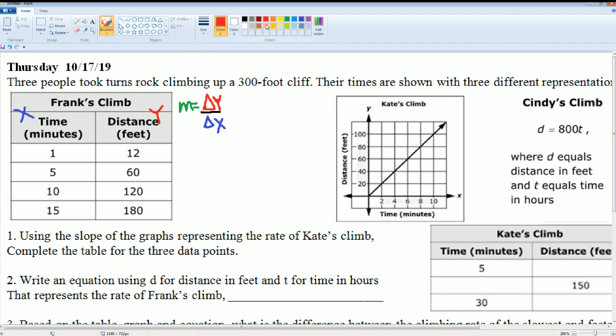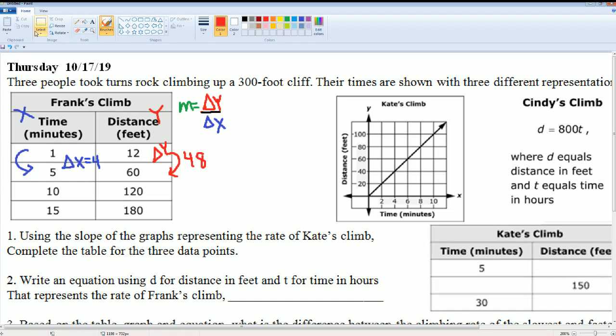How much is the x changing from here to here? The delta x is going to be equal to 4. The y goes from here to here. How much is it changing by? 48. So this is your delta y.